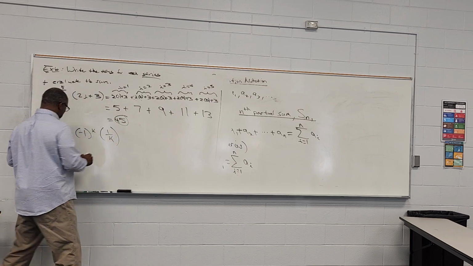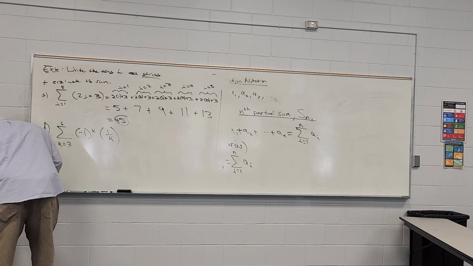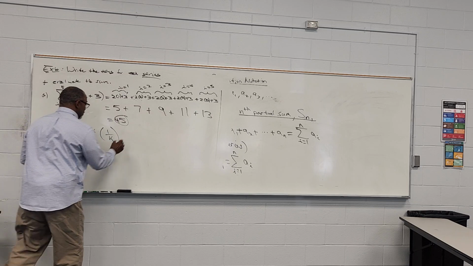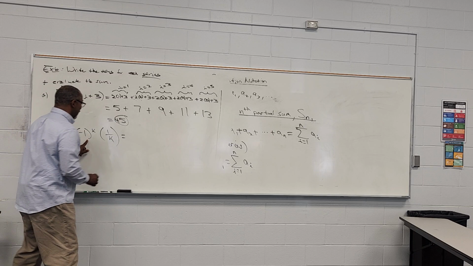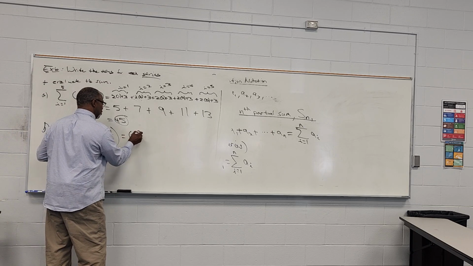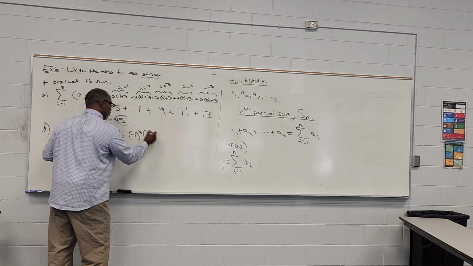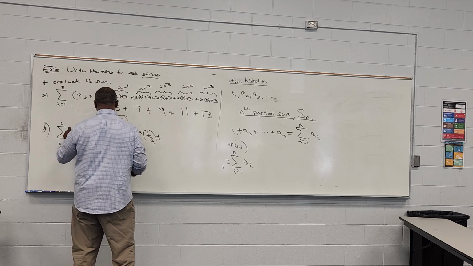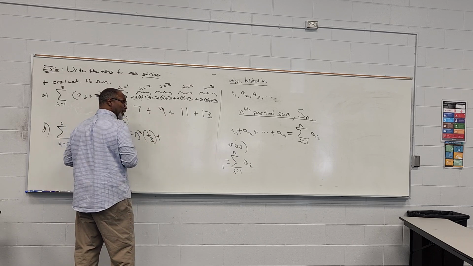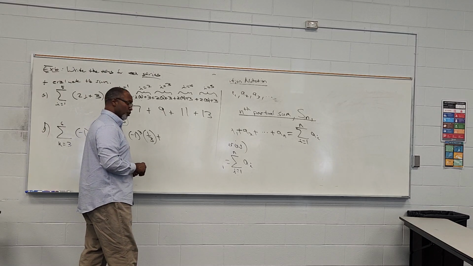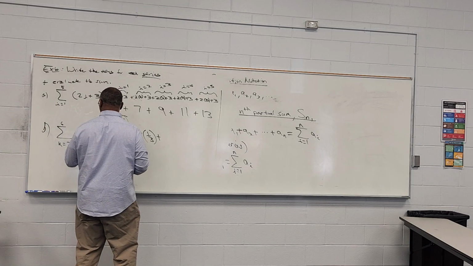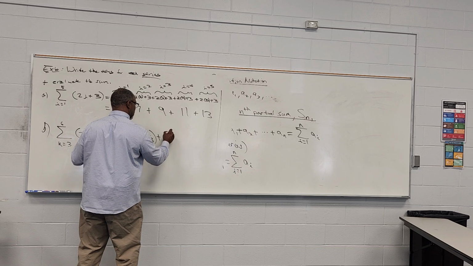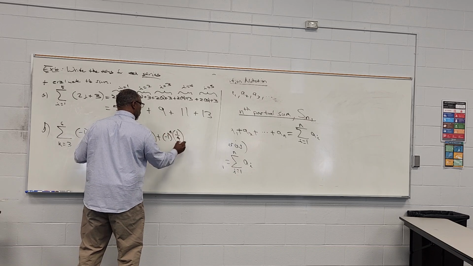So when K equals 3, I'm going from 3 to 6, right? So when K equals 3, just write it out. You'll have negative 1 cubed times 1/3 plus, because again, summation means plus. You're adding all the terms together. That's what the summation symbol means. You're going to sum the terms. So when K equals 4, negative 1 to the 4, 1/4.